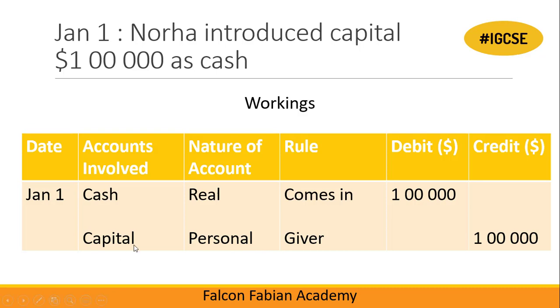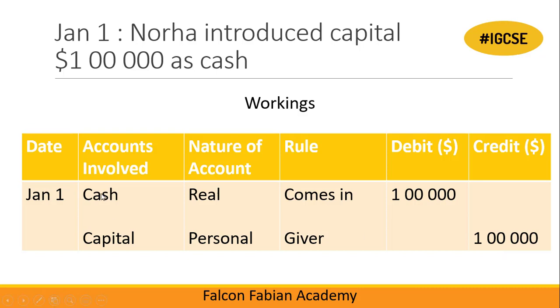Therefore, when owner gives to the business, we will take him as a giver. Why? Because he is giving money to the business, and the rule is debit the receiver, credit the giver. So owner is giving to the business, therefore 100,000 would be credited in capital account.